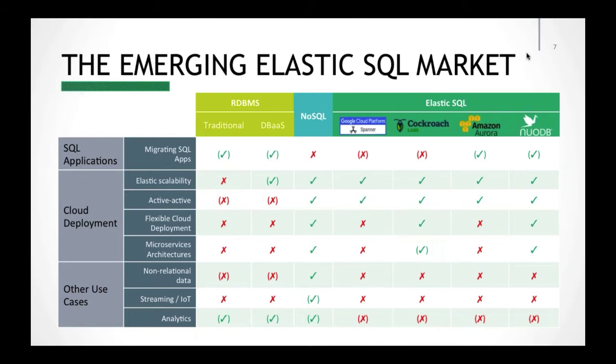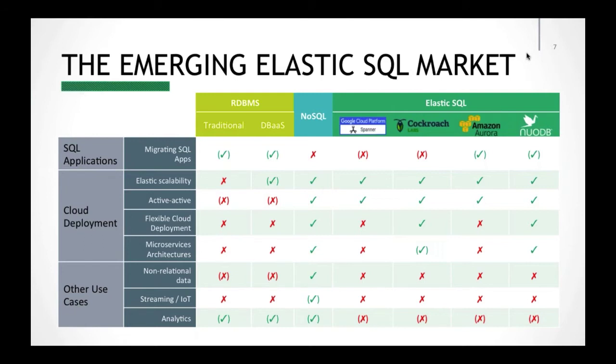Also, Google Cloud Spanner and Cockroach support SQL queries, but they don't support SQL writes. So updates, inserts, and deletes have to be done through an API call. So that makes it harder to migrate a SQL application. And then in terms of flexible cloud deployments, one of the big benefits of going with third parties like NuoDB is that we can support multiple cloud platforms.